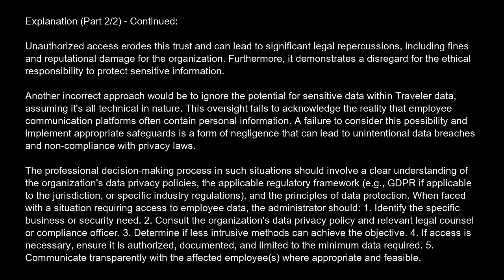Identify the specific business or security need. 2. Consult the organization's data privacy policy and relevant legal counsel or compliance officer. 3. Determine if less intrusive methods can achieve the objective. 4. If access is necessary, ensure it is authorized, documented, and limited to the minimum data required. 5. Communicate transparently with the affected employee, where appropriate and feasible.